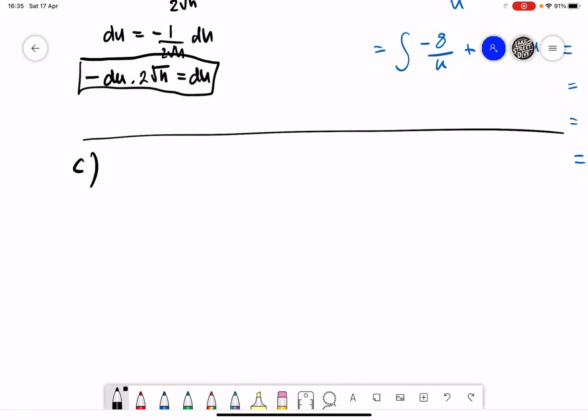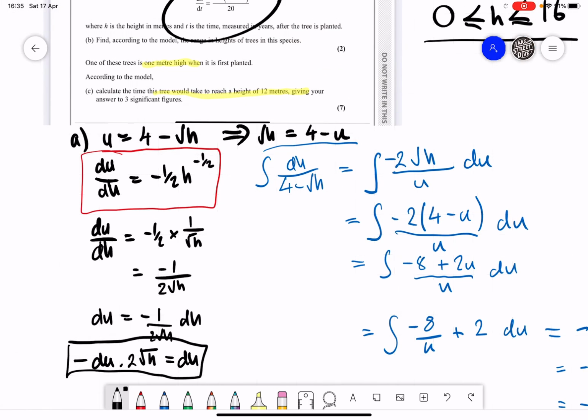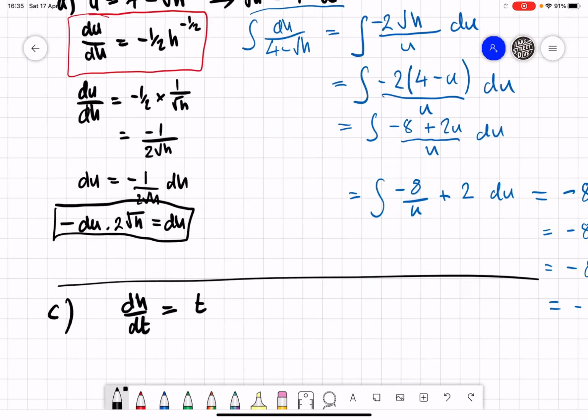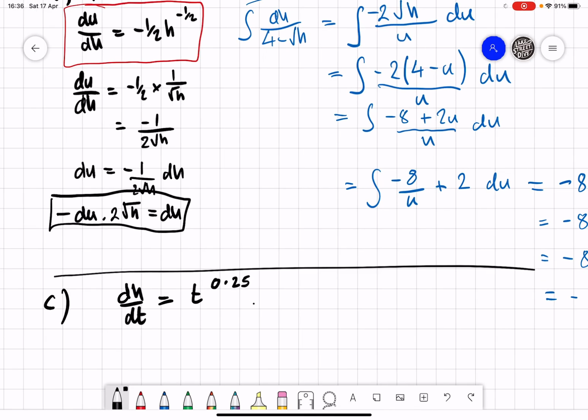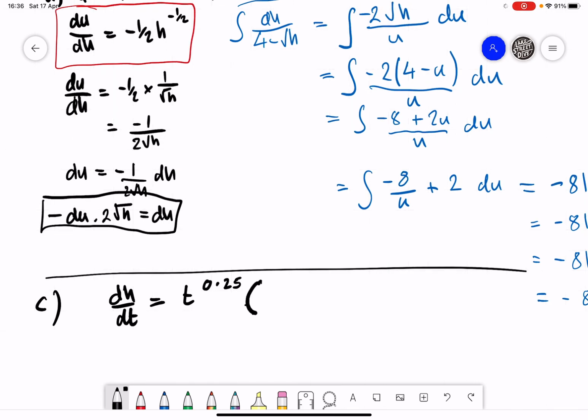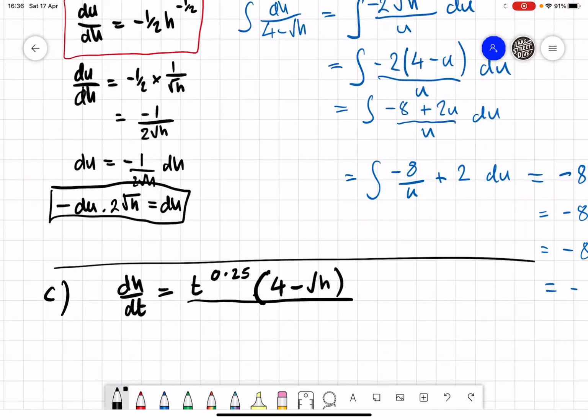Part C. We have dh/dt is equal to t to the power of 1/4, I'm going to write that as t to the 0.25, times 4 minus square root of h, familiar, all over 20.